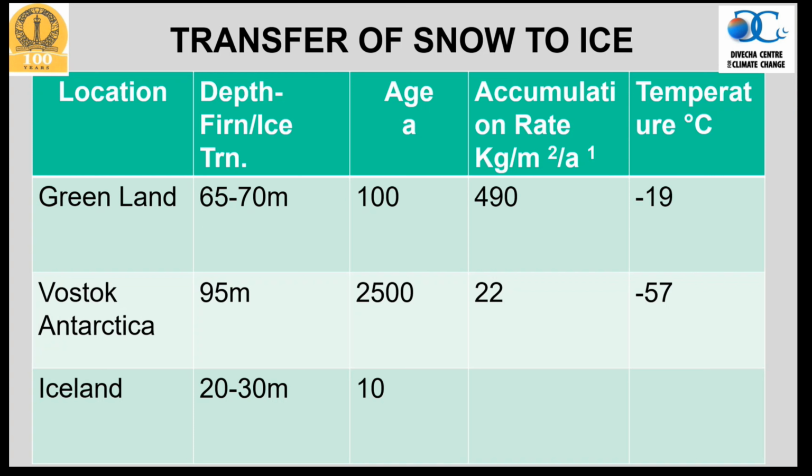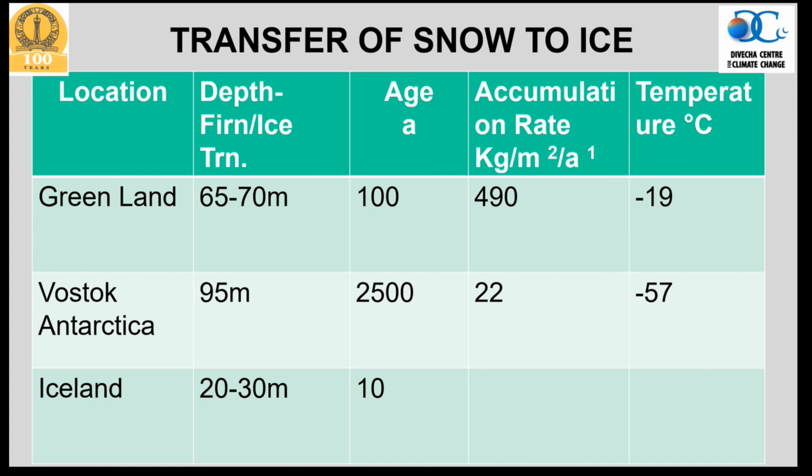But the accumulation rate is just 22 kilograms, and the temperature is a minimum of minus 57 degrees Celsius. In Iceland, the depth is 20 to 30 meters and the age is within approximately 10 years. So you can see how long it takes.